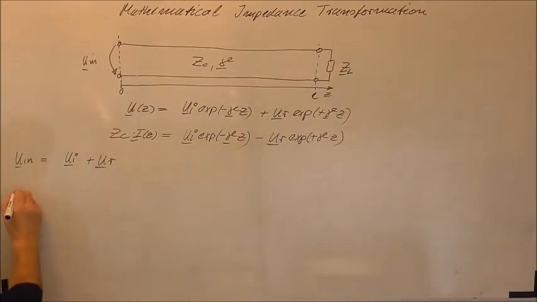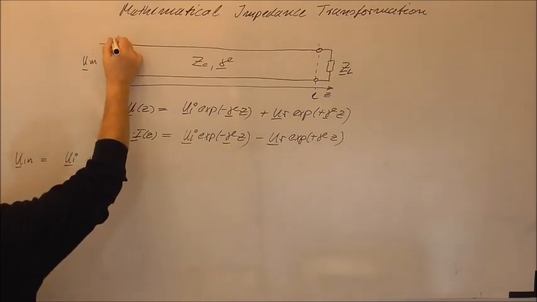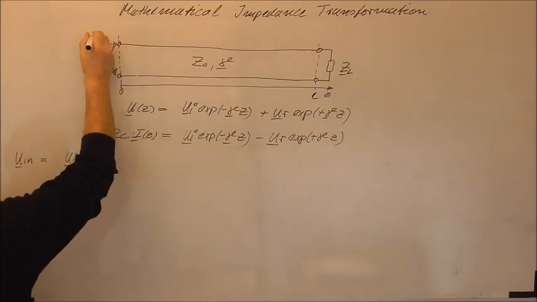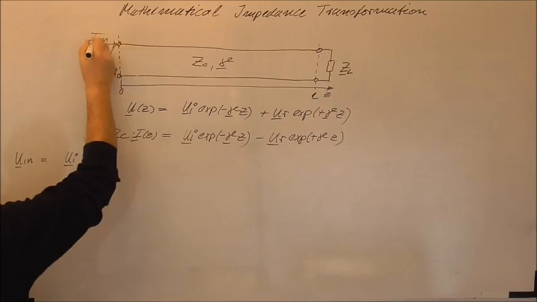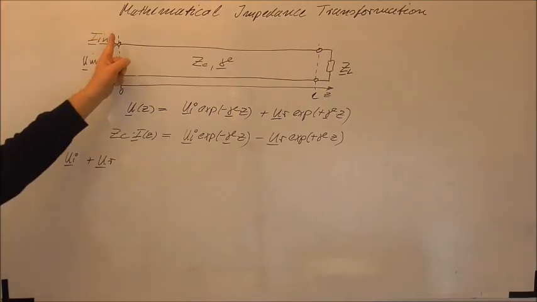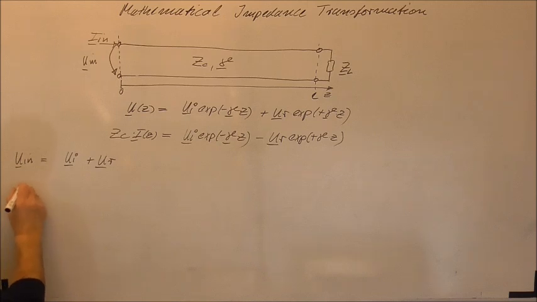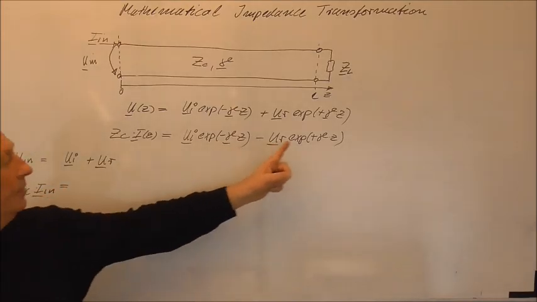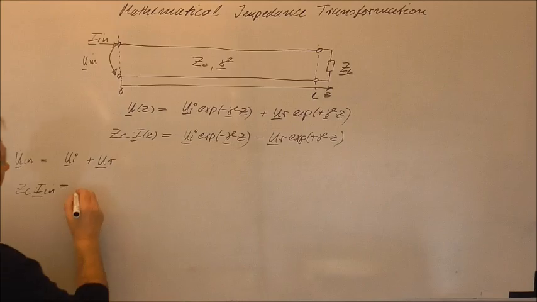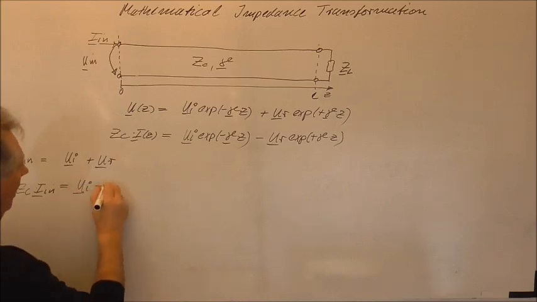And for the input current I in, which is also flowing at the point z equal to 0, we can say Zc times I in. And of course you see the z coordinate will disappear here too, and we will have ue minus ur.